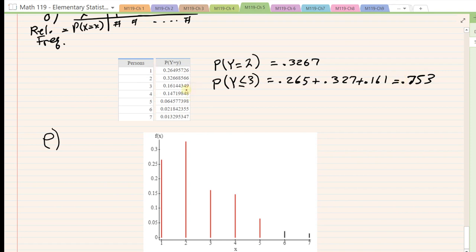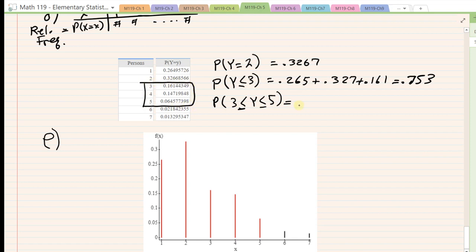What if I want to know the probability that a randomly selected household will have between 3 and 5 people in it, inclusive? Between 3 and 5, I just add these numbers.